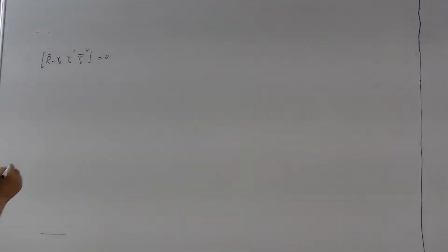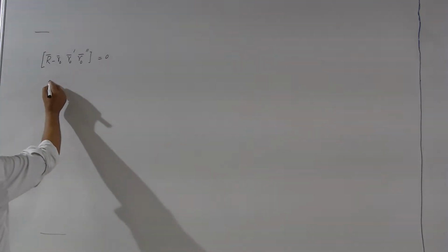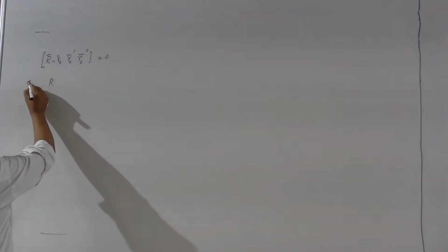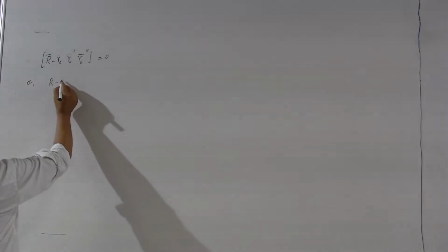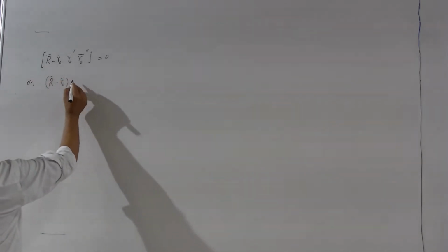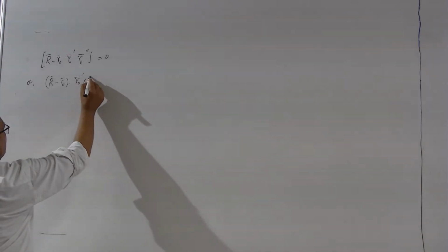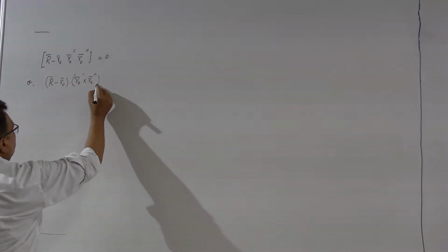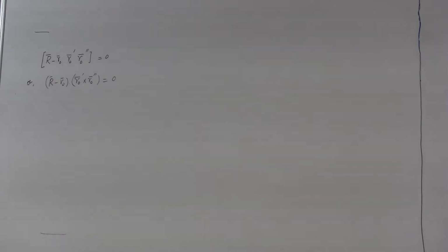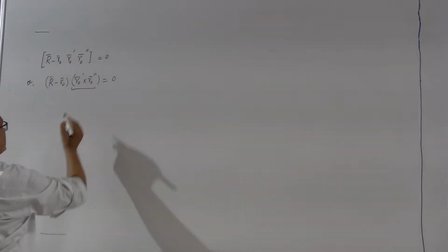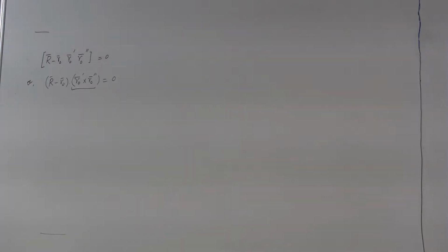Now, I can rewrite this equation of oscillating plane as r minus r 0 dot r 0 dash cross r 0 double dash equal to 0. Now, this vector r dash cross r double dash is now known to us.